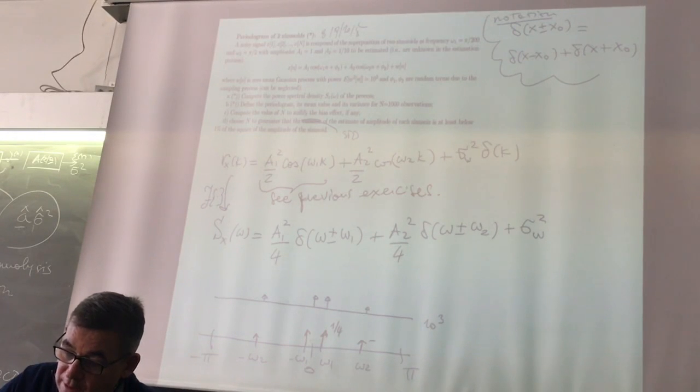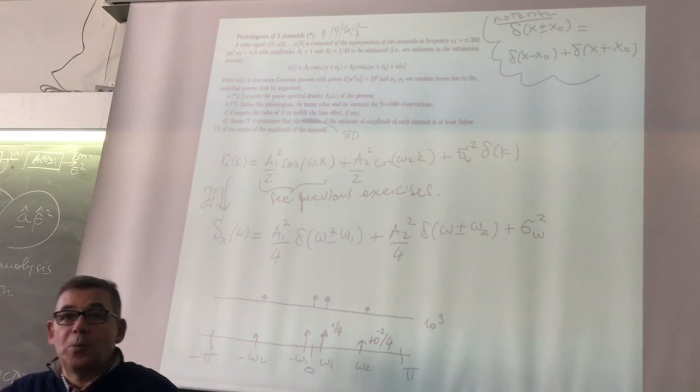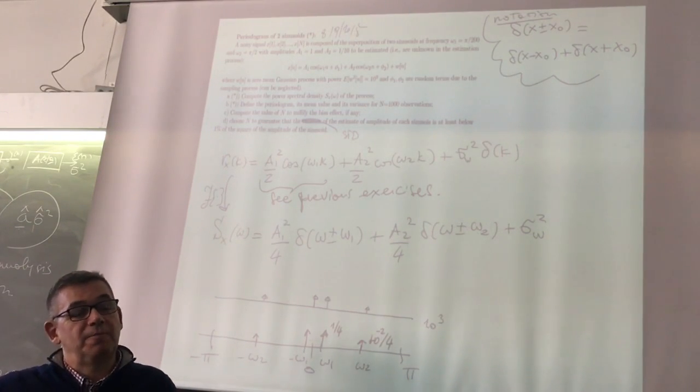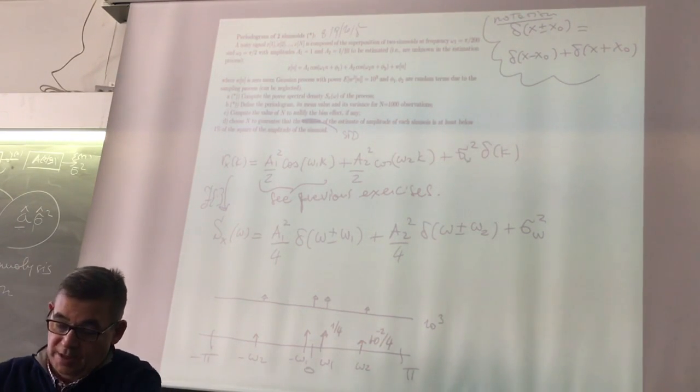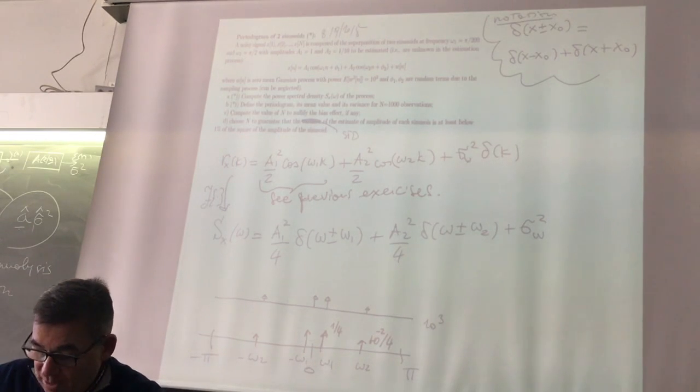And this one is 1/10, so it is 10 to the minus 2 divided by 4. It's very small compared to 10 to the power 3. Nice. Okay, good. So this is the power spectral density.